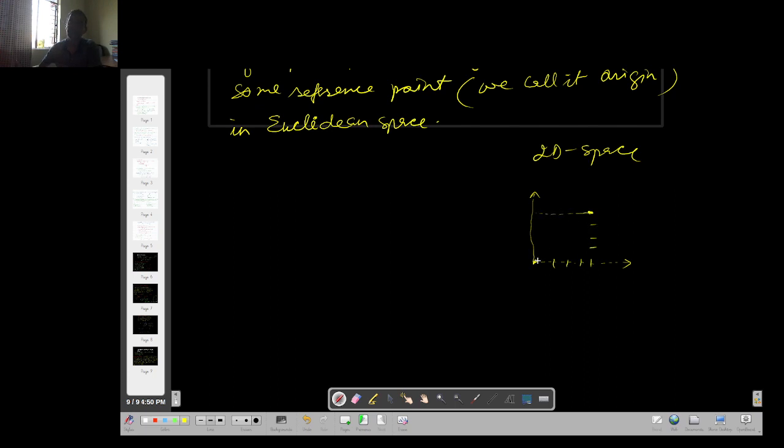So this point P can be represented as (4, 4). Or say I move 2 steps here and then 1, 2, 3 and 4 up; then this point is known as (2, 4). So this is the position of this point.